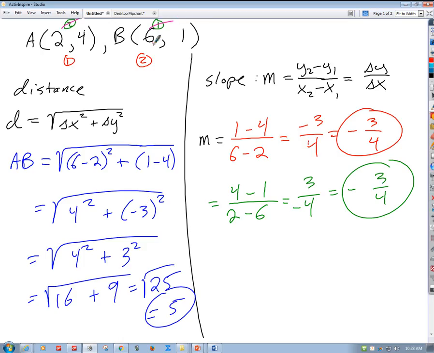Because 2 is less than 6, we'll make this one point 1 and that one point 2. On a graph, what does that mean? If the 2 points are plotted on a graph, one of them is going to be further to the left and one further to the right. Which one should be point number 1? Further to the left.